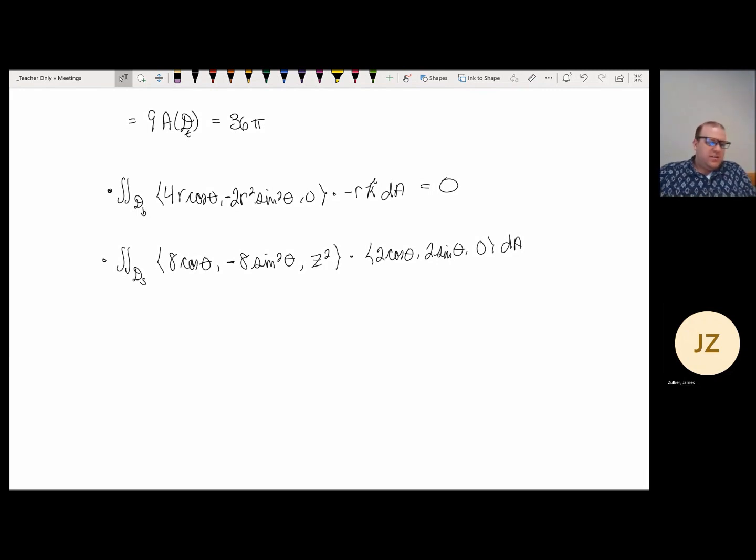That's 8 cosine, negative 8 sine squared, z squared. Dot it with our normal vector, which is just 2 cosine, 2 sine, 0. In this scenario, our z component now goes to 0.